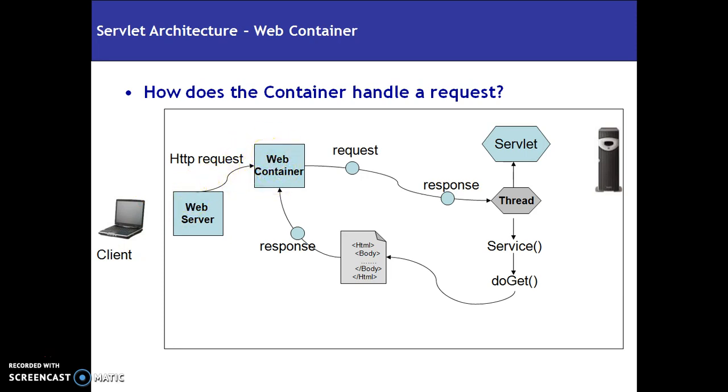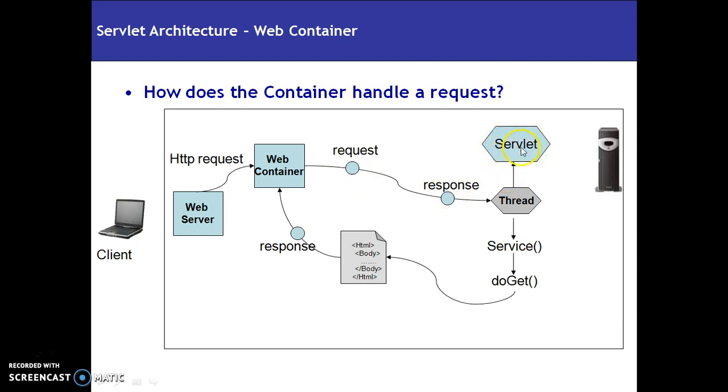Now the web container is going to identify that particular servlet, and two objects will be created, request and response. They are the HTTP servlet request and the HTTP servlet response.